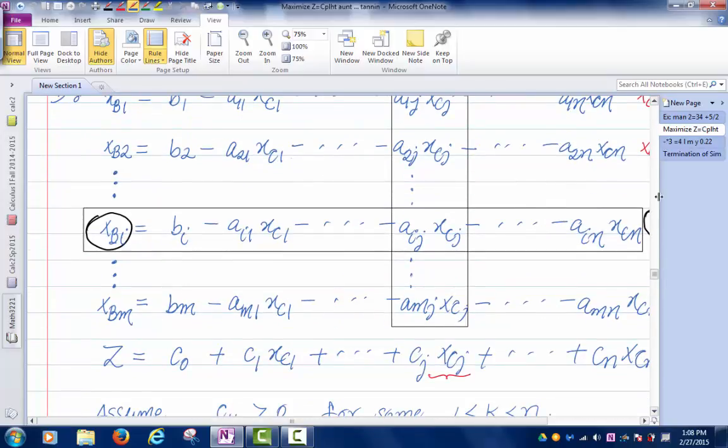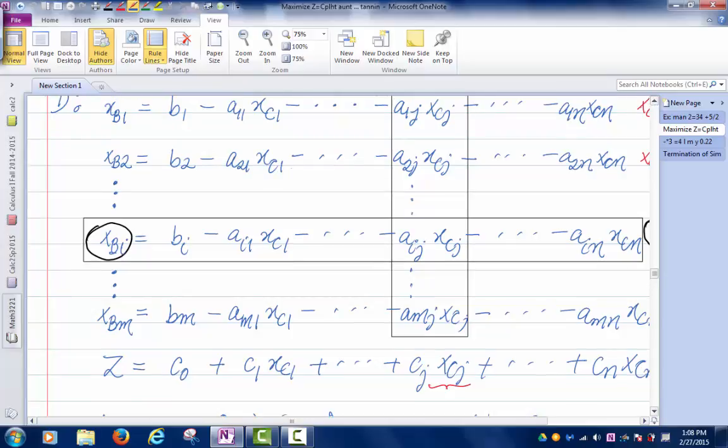My question to you is, in the general case, when I have a linear programming problem with n decision variables and m constraints, M for monkey and N for Nancy, then what is the number of basic variables? The number of basic variables is going to be the number of functional constraints, which is m, and the number of non-basic variables will then be the remaining ones.